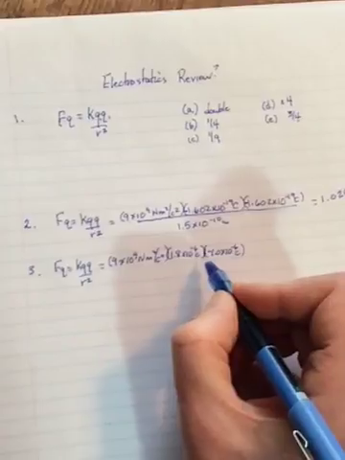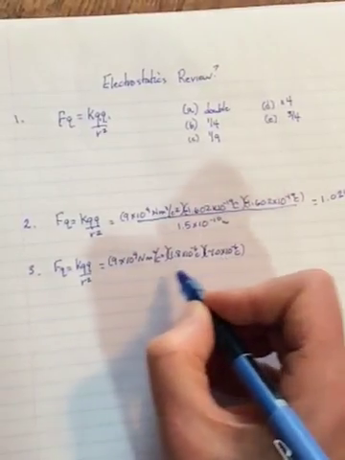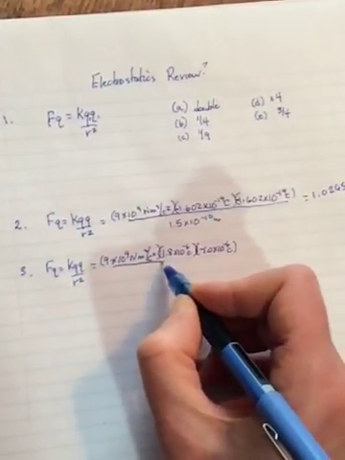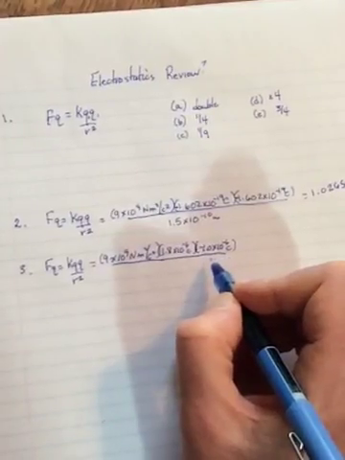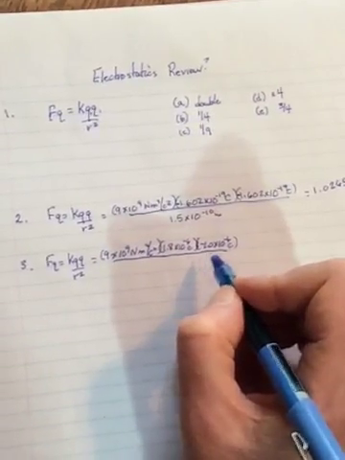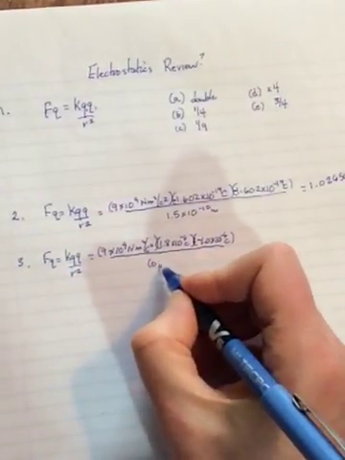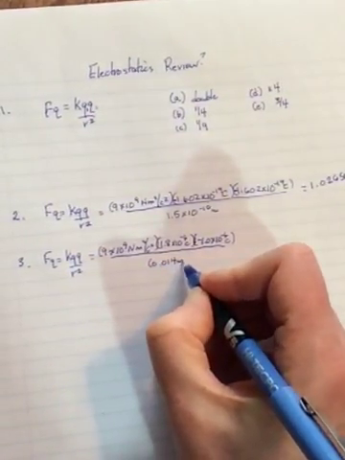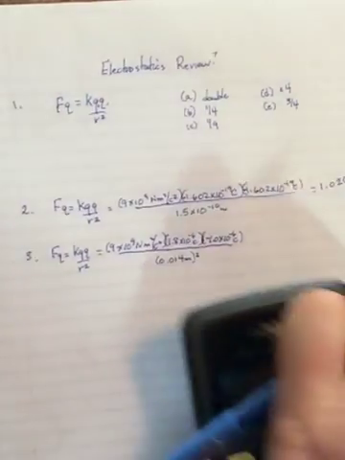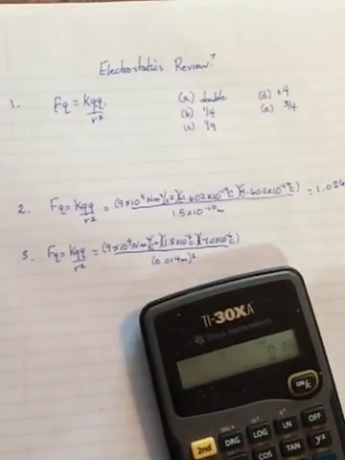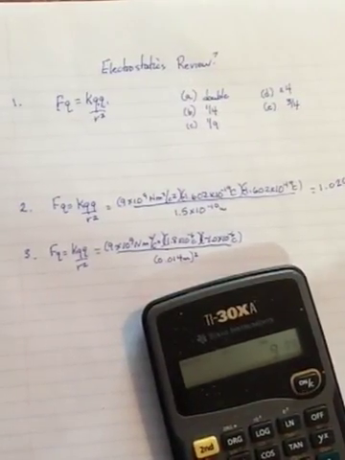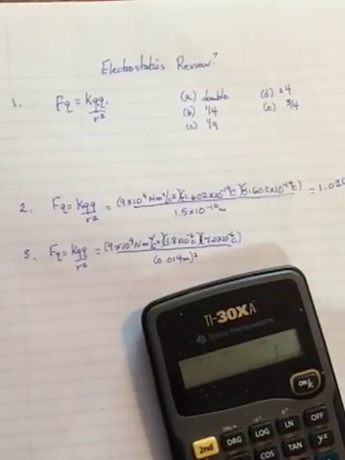So 1.8 times 10 to the negative 6 and negative 1 times 10 to the negative 6. And it says that the distance they are apart is 14 millimeters, or 0.014 meters, and you're going to square that. So then you type it in, 9 to the 9th times 1.8.